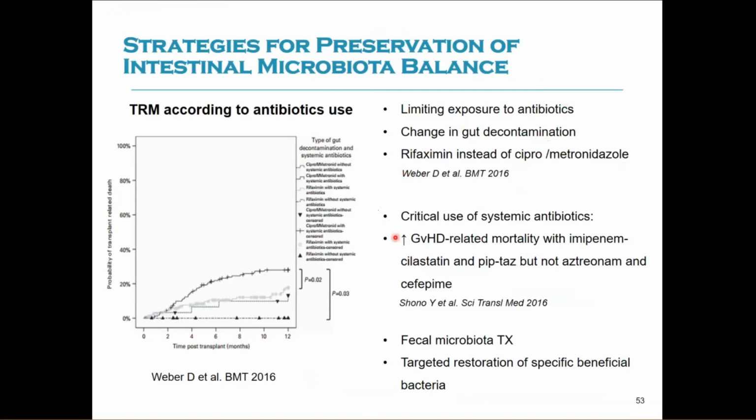And a critical use of systemic antibiotics would be a good approach, because it has been shown by Shono et al. that there was an increased GVHD-related mortality with imipenem and piperacillin-tazobactam, but not with aztreonam and cefepime. Another approach could be the transplantation of fecal microbiota and a targeted restoration of specific beneficial bacteria.